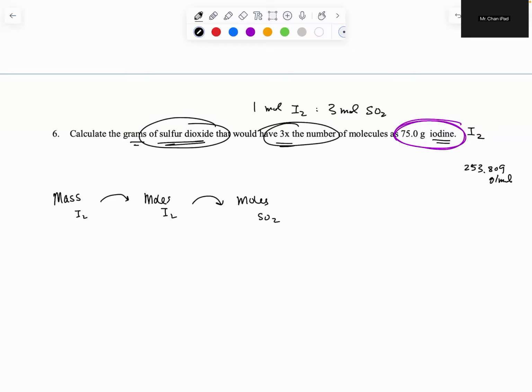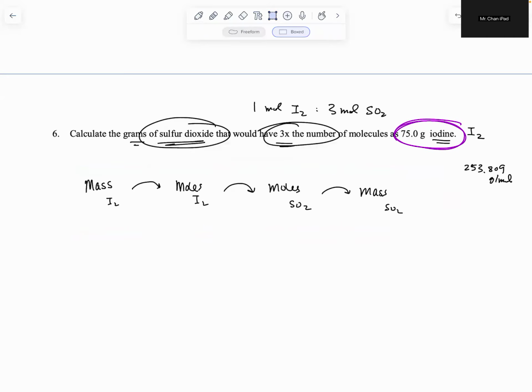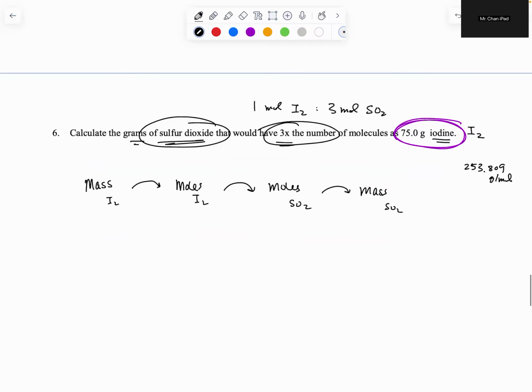And if you know how many moles of SO2, then you should know the mass of SO2. That's the basic core understanding of molar mass. If you have mass, you shall know the mole and vice versa. So this is the thought process before we even start computing any numbers. Do you have your thought process ready? That is the key. If you have your thought process ready, then we can start putting in the numbers.